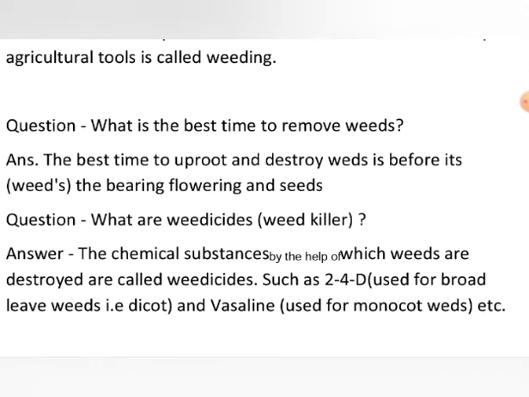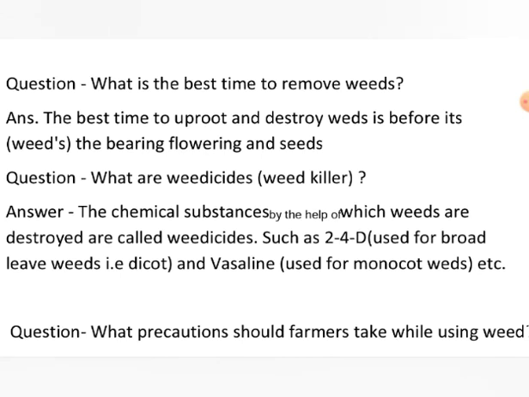So there is another question. What is the best time for the removal of the weeds? Weeds are natural plants which grow naturally with the main crop. We can take precautions not to grow them, or if they grow, we need to remove them in time. Then what is the time to remove them? Let me tell you one thing.